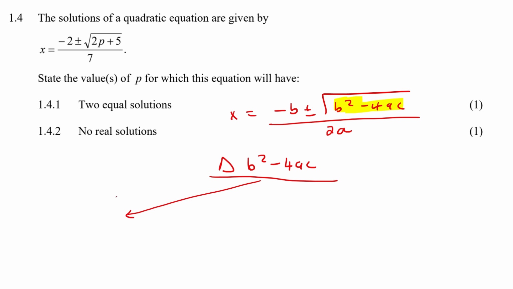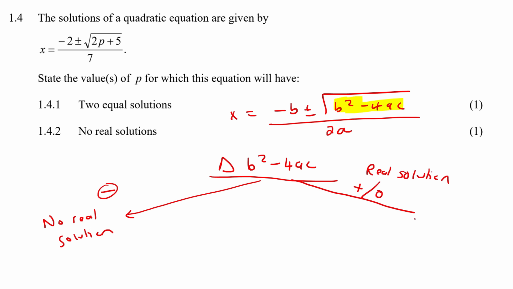If that value inside the square root is a negative, then we say no real solution. If that value is anything positive or anything 0, we call that a real solution. Okay, now within the real solution, there's 3 main types you can get. If the answer is a 0, then we call it 2 equal solutions.